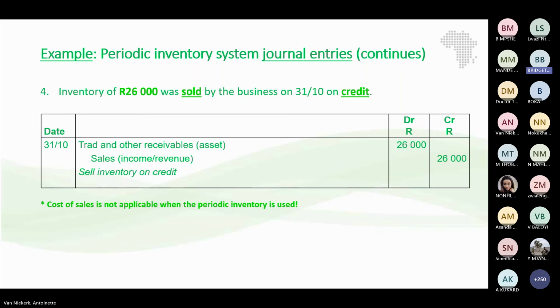What do we do when they eventually settle the amount that they owe us? What happens to the journal? How do we make the entry? So, sold on credit, and eventually they settle what they owe us.